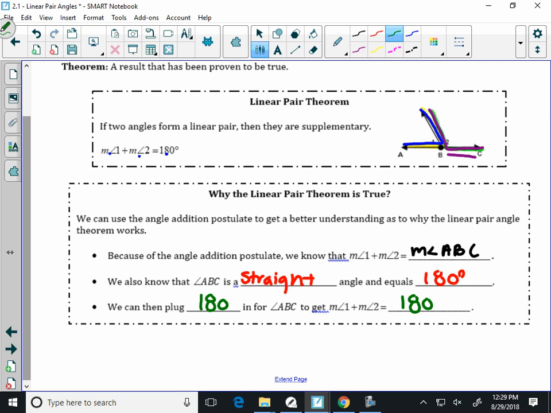Right? Angle addition postulate every single time, except what's special about linear pair angles is their big angle is always a straight angle. So when you do angle addition postulate with linear pair angles, they're always going to add to 180 degrees every single time. Okay? No different than what we did on the front. It's just that they're always going to equal 180. Okay? Questions over that?